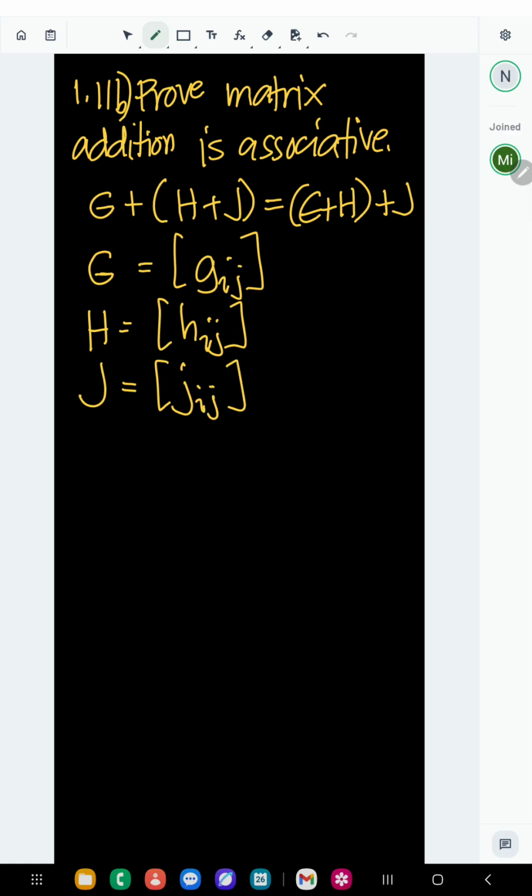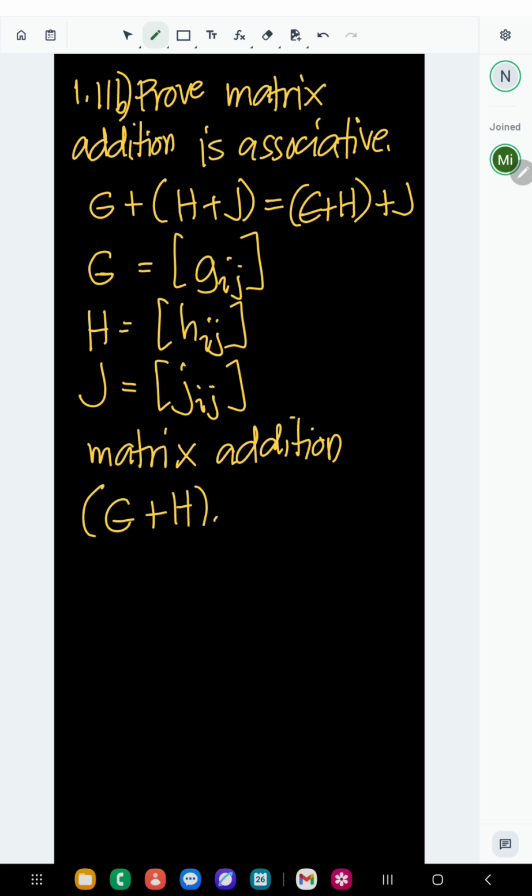And then we recall the definition of matrix addition. So (G plus H) sub ij is the components G sub ij plus H sub ij.